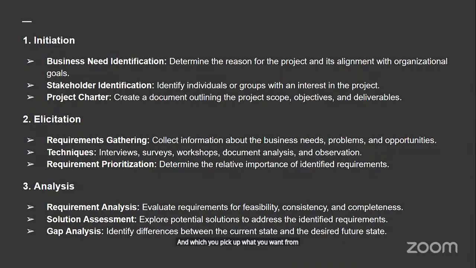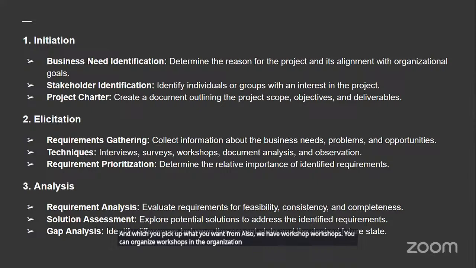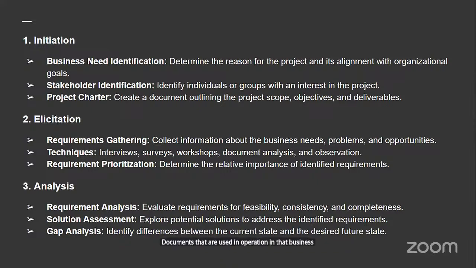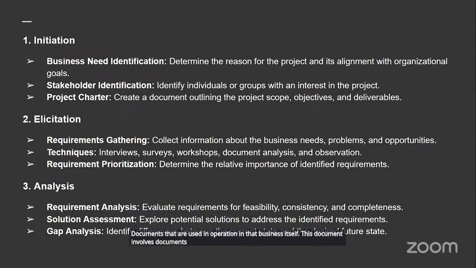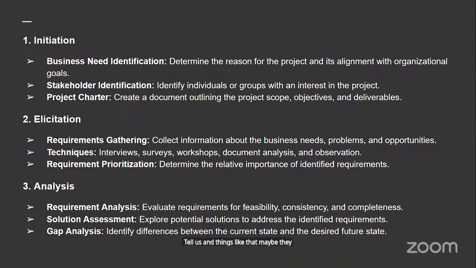Also, we have workshops. You can organize a workshop in the organization. Through the workshop, you allow people to make their contributions, and once their contributions are made, you can make your decisions with that. Also, you have document analysis and observation. Document analysis means analyzing documents that are used in the operation of that business itself, like schedules, tellers, and the documents they use for approvals.